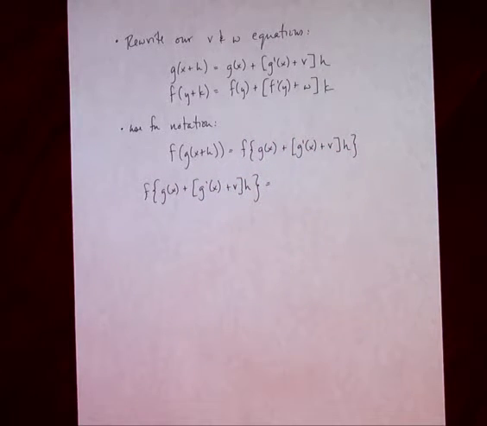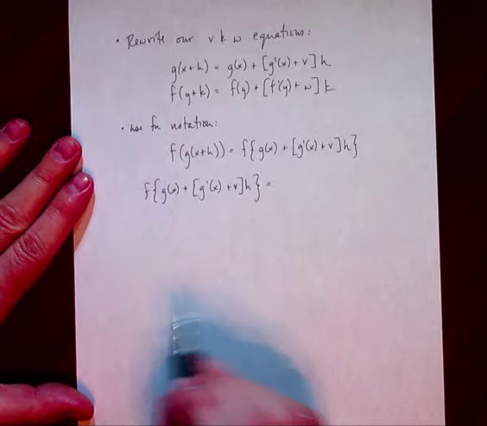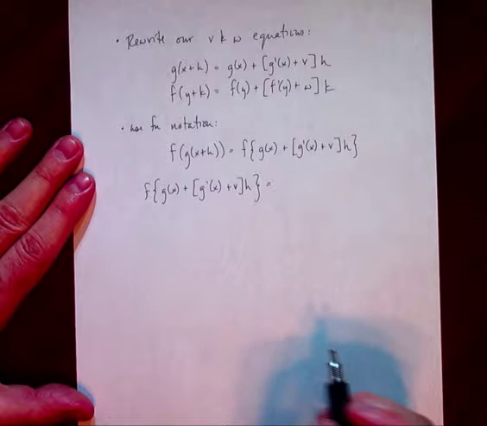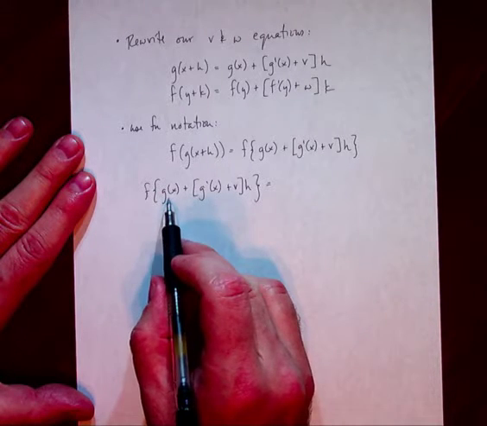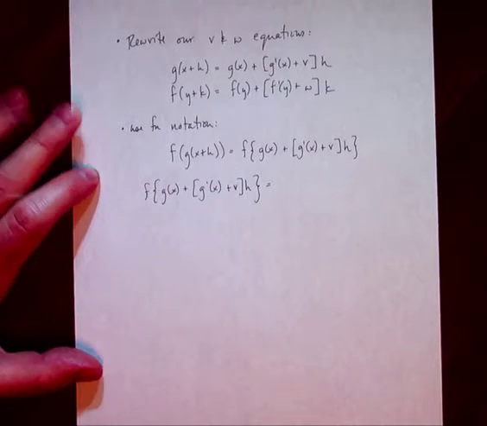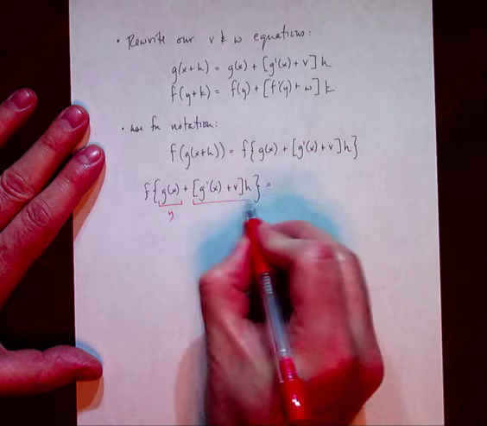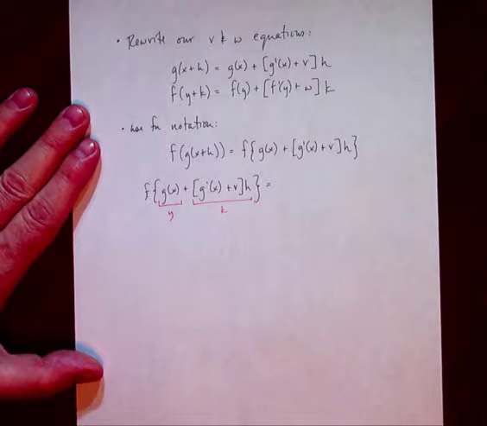Now, what happens here is because we know f of y plus k, basically this winds up being my y, and this winds up being my k.